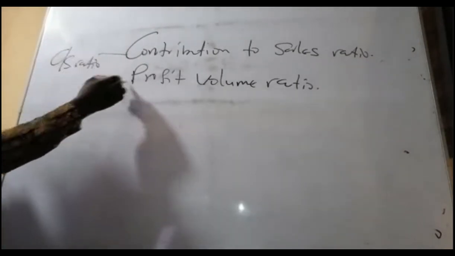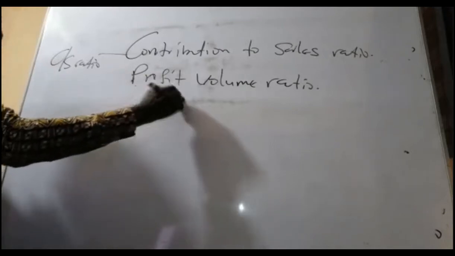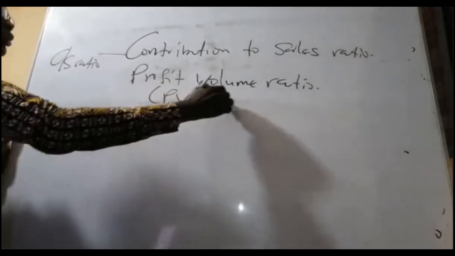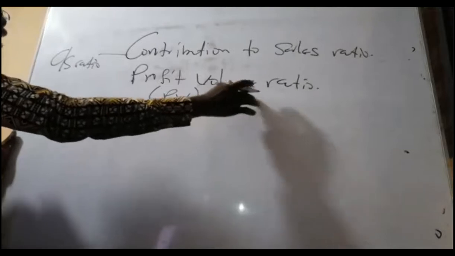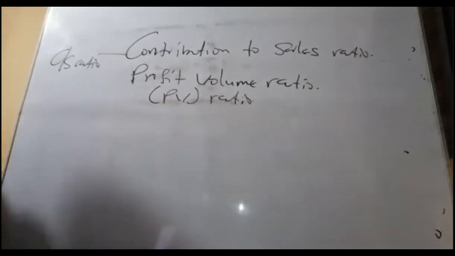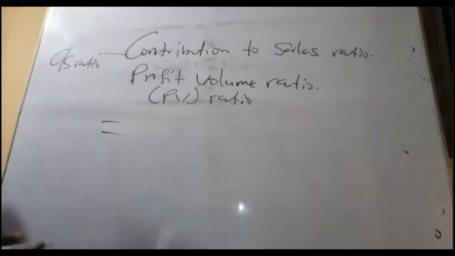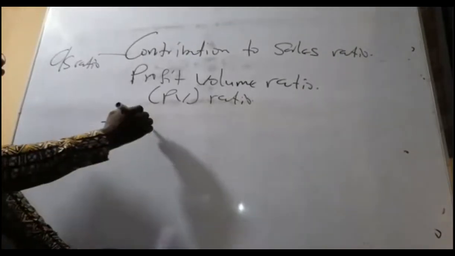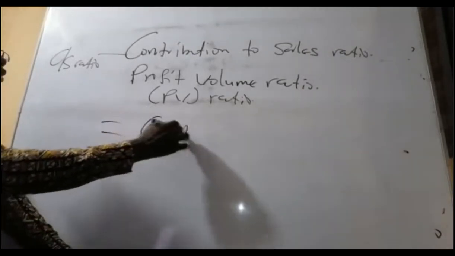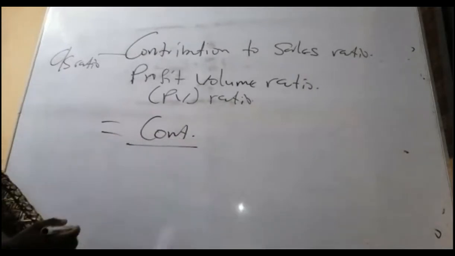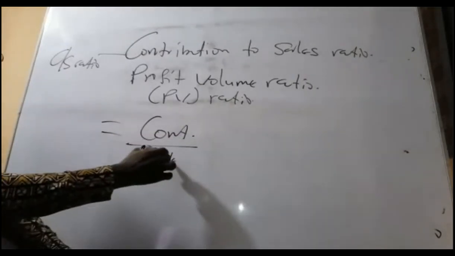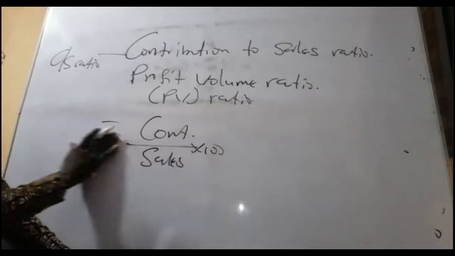They are the same: contribution to sales, or profit to volume. The formula is equal to the contribution all over sales times 100.